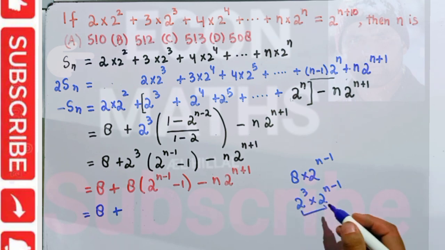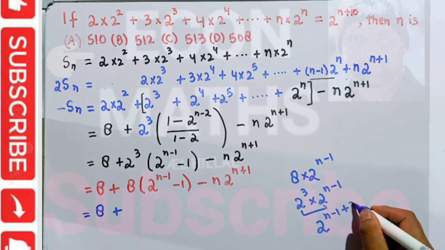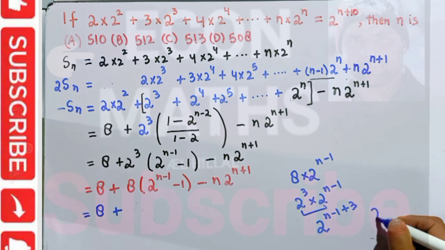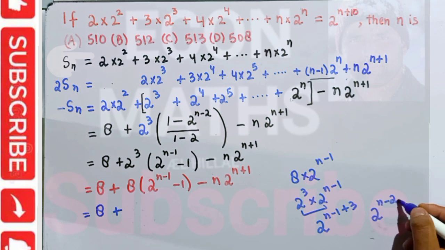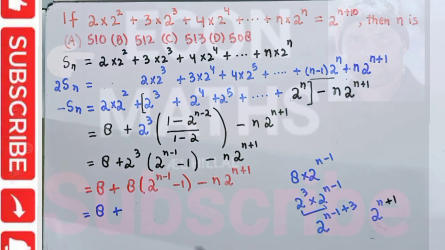Okay, bases are same, we can add up the exponent, so this becomes 2 raised power, we have n minus 1 plus 3, so rather, it will become 2 raised power n plus 1. So this is 2 raised power n plus 1 here.